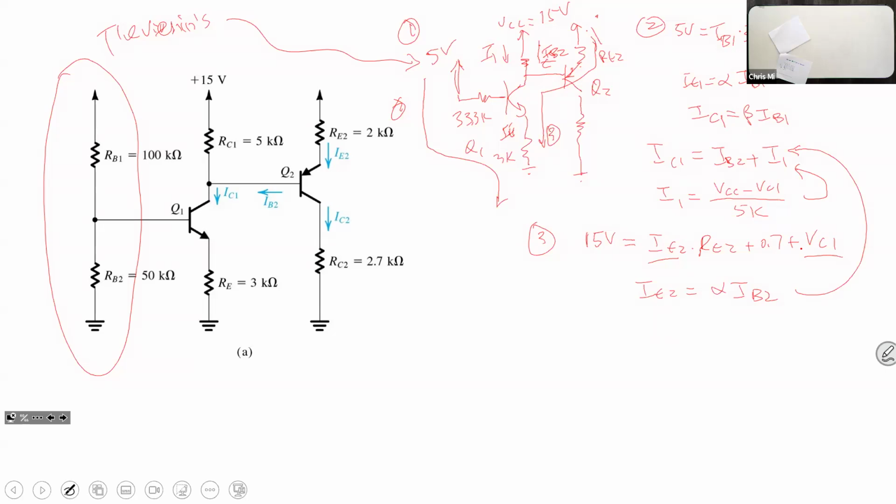I'm not going to actually do the actual problem because it might take too much math. But as you can see, if we replace IE2 with IB2, this variable is gone. We have IB2 as one variable, VC1 as one variable, right? So basically, we have two variables and two equations. We should be able to solve for it. It's just some mathematics we have to go through. And finally, once you do that, you can find IC2 as well.